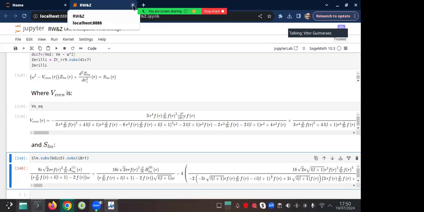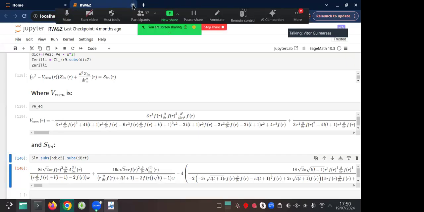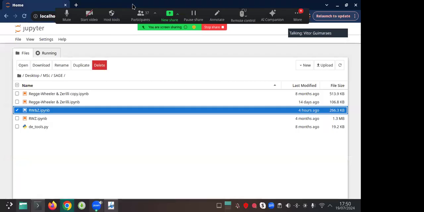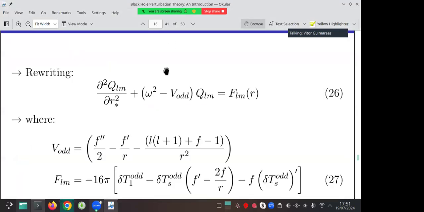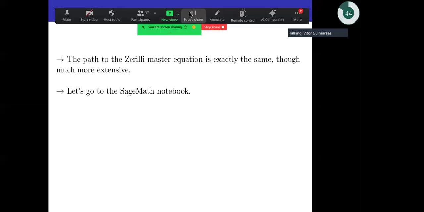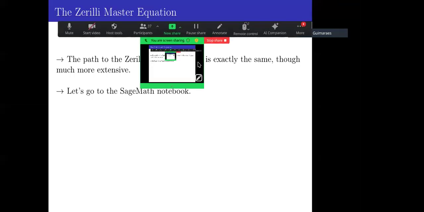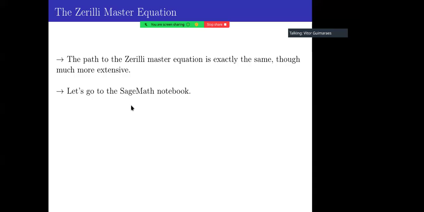So let me just close this because we are done with this. Otherwise, my computer will crash. I have one last slide too. So we went to the Sage Math notebook and saw how to do the same thing for this master equation, right?